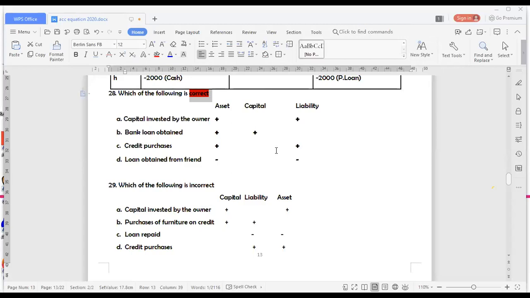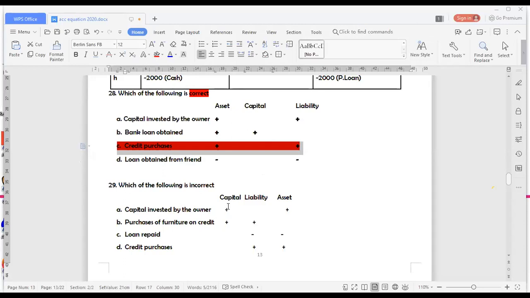So, capital invested by the owner, asset and liability increasing, that is wrong. Bank loan obtained, asset and capital increasing, wrong. Credit purchase, asset and liability, very good. So 28, answer is C. 29. Which of the following is incorrect? Capital invested by the owner, capital and asset increases, correct answer.